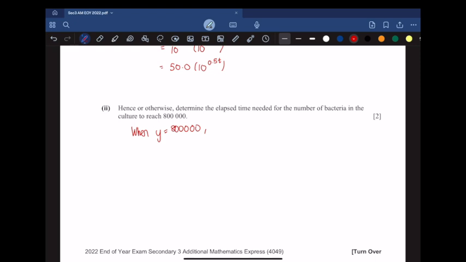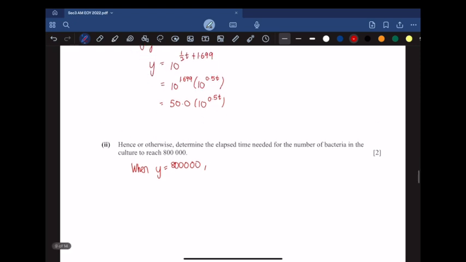So when y is equal to 800,000, based on the equation that I have, 800,000 equals, to be more accurate, I can leave it as 10 power 1.699 times 10 power 0.5 t.